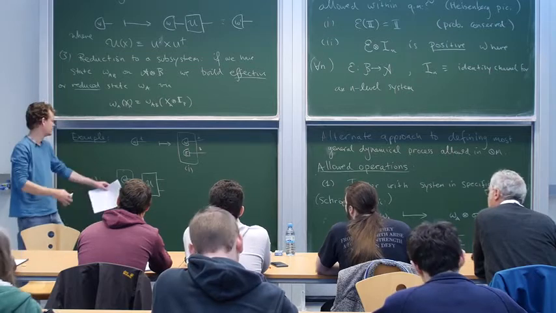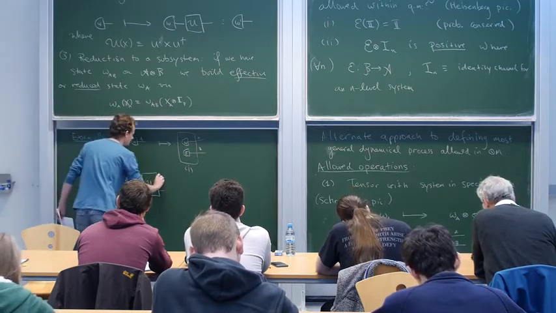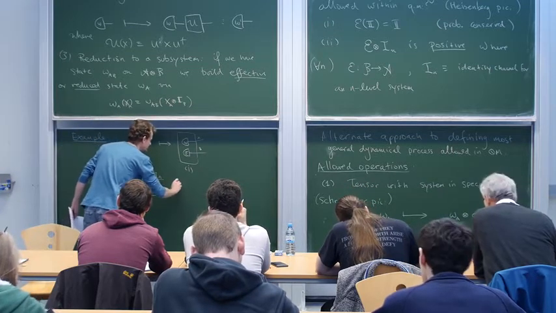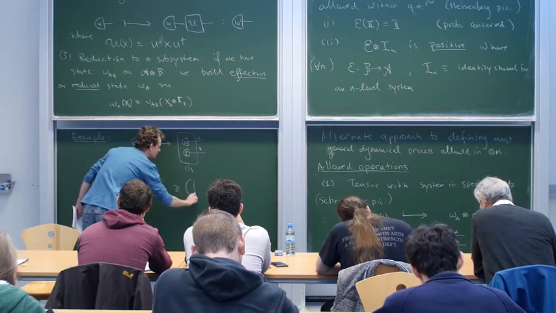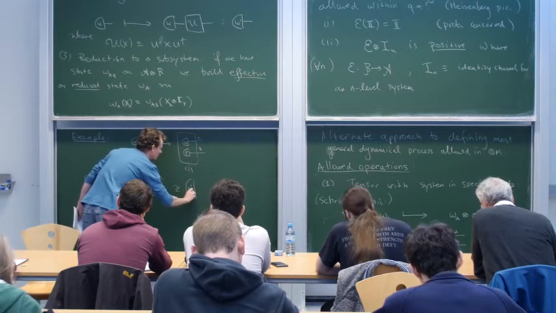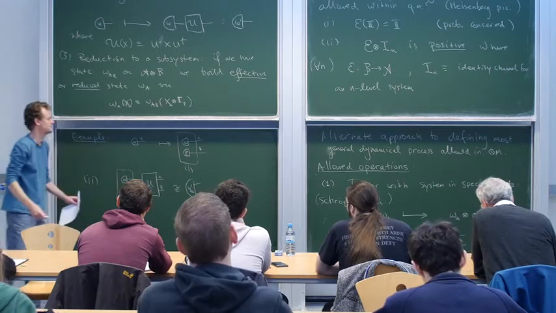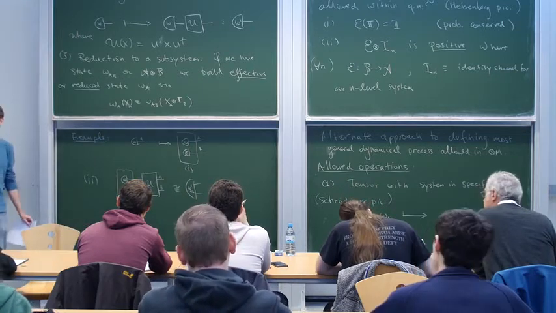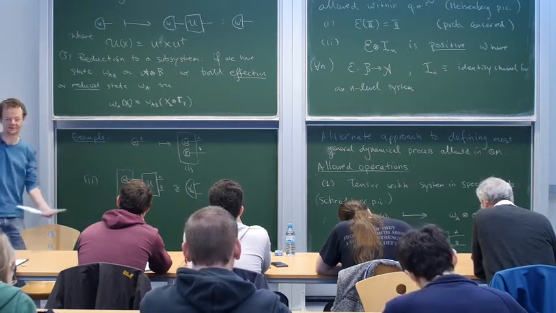And that builds us an effective state of, again, just AB, but it's a different state now. And in step 3, we could adjoin another system.